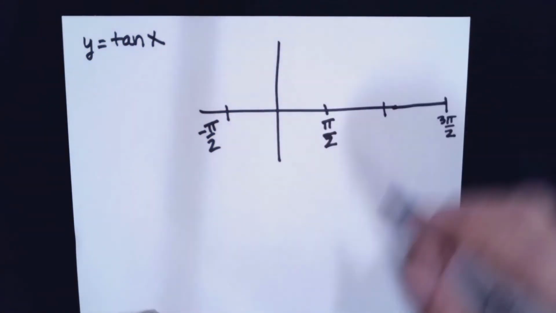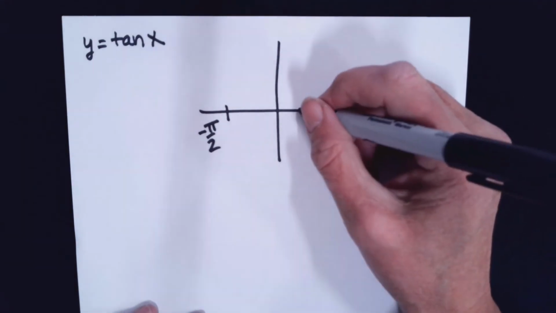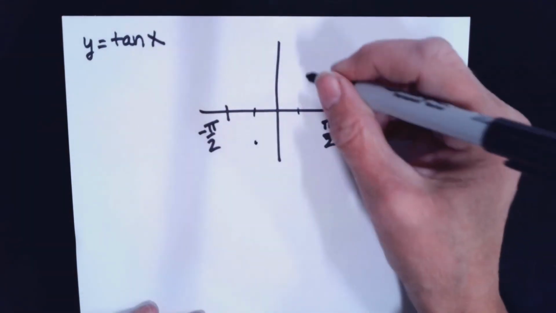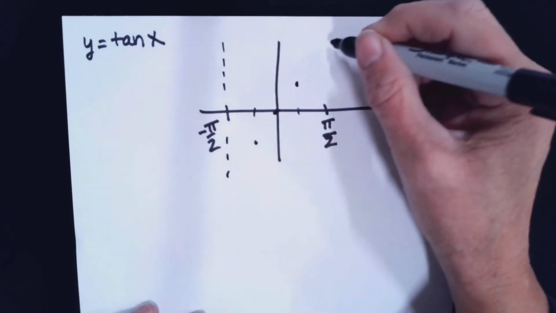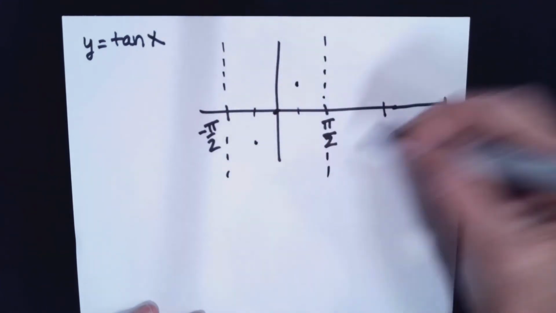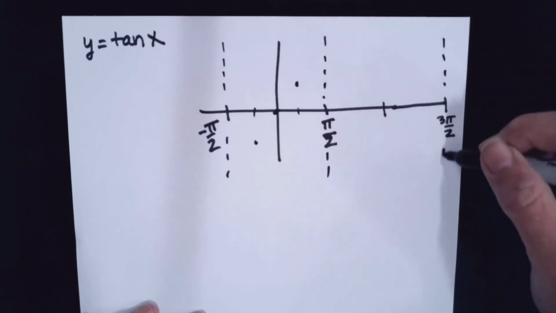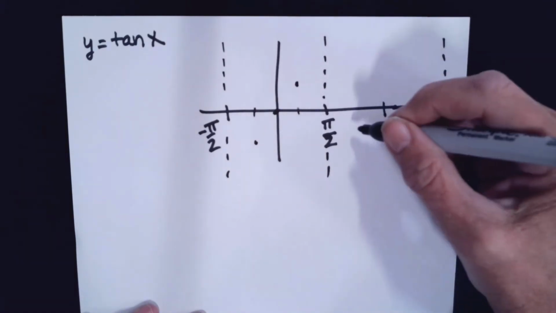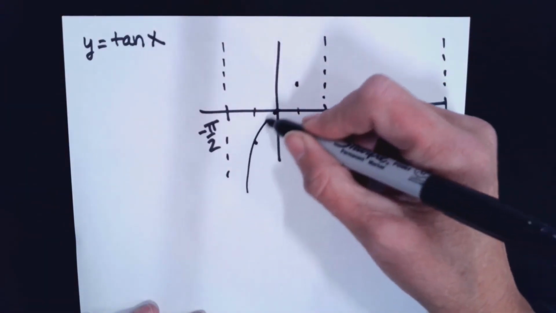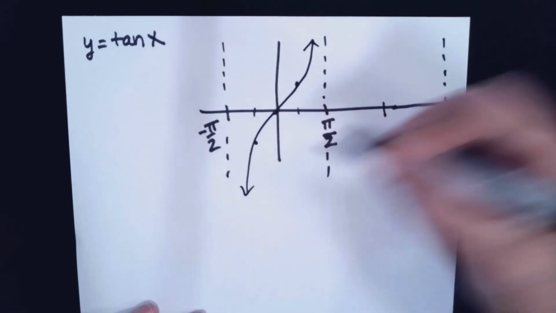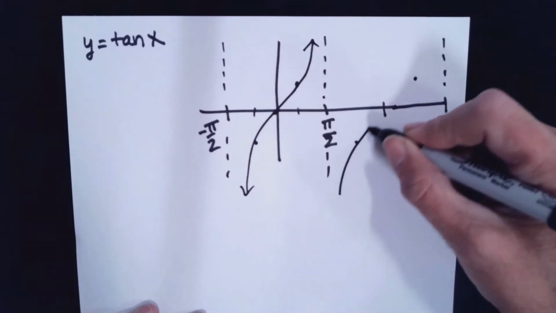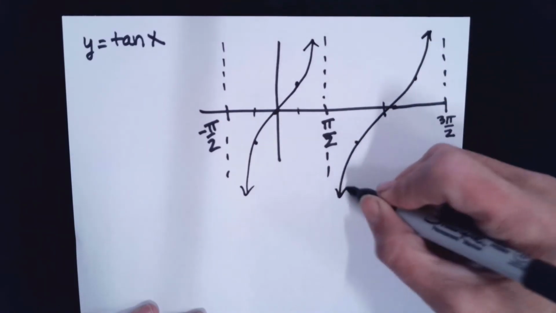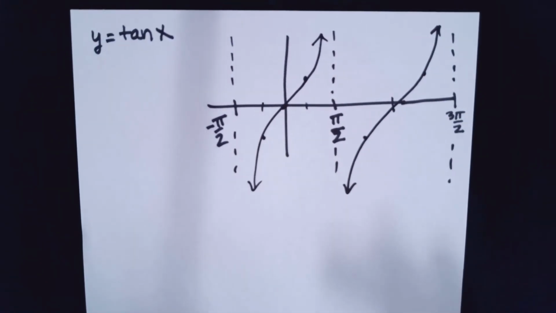So tangent, we're going to look at the graph of tangent. Put in my asymptotes at negative pi over 2 and pi over 2 and 3 pi over 2. And once again, I just did a quick graph of tangent here.